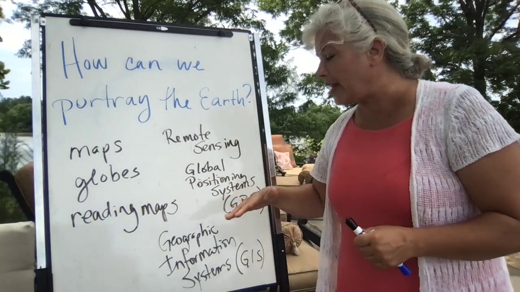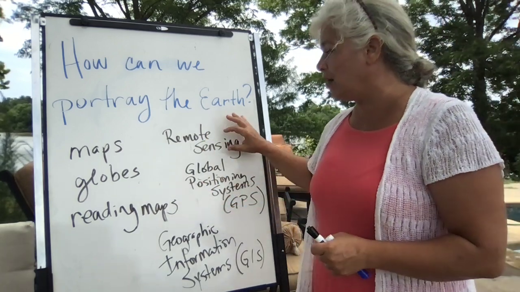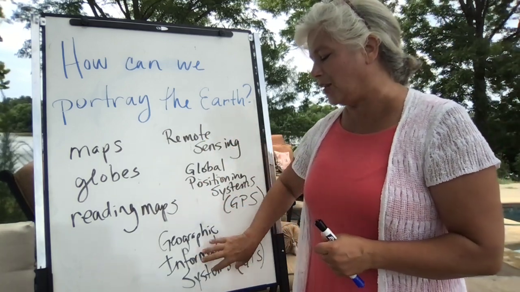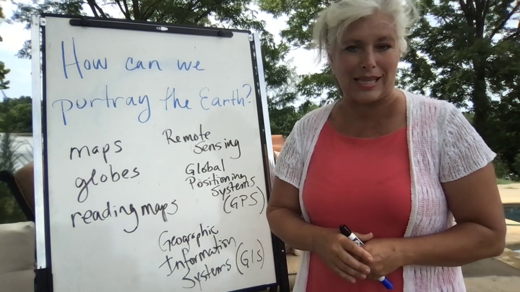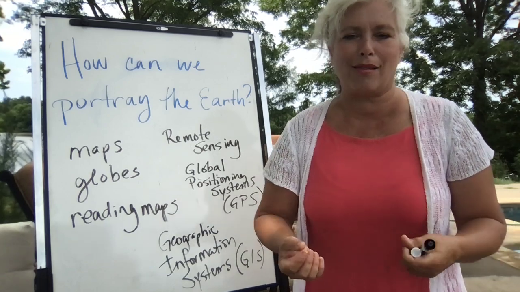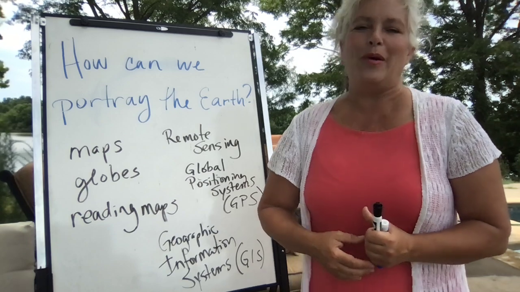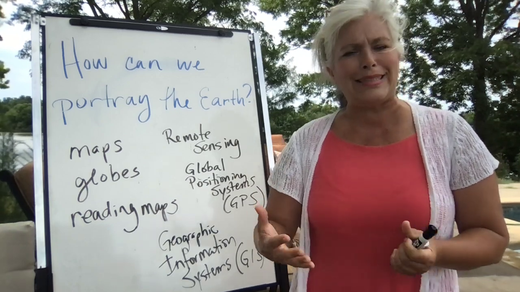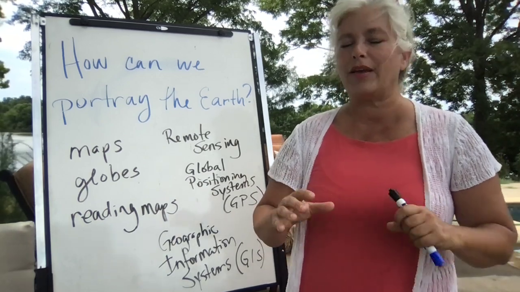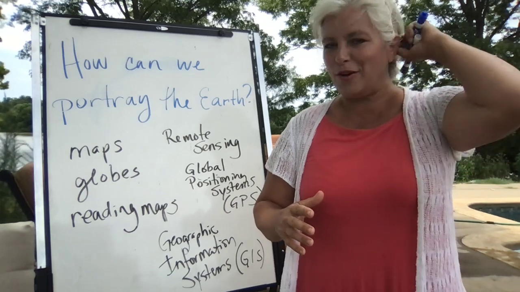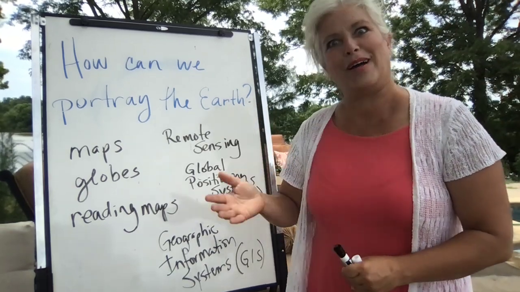There are curated videos that I have for you to understand remote sensing and geographic information systems and those kinds of things. There are excellent resources online already, so I figure why reinvent the wheel when you have a lot more high tech and graphically stimulating videos than just me standing outside with my dry erase board.